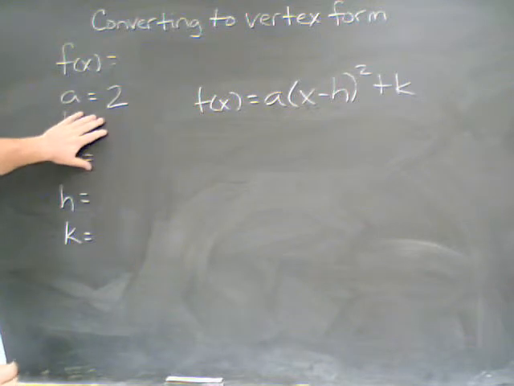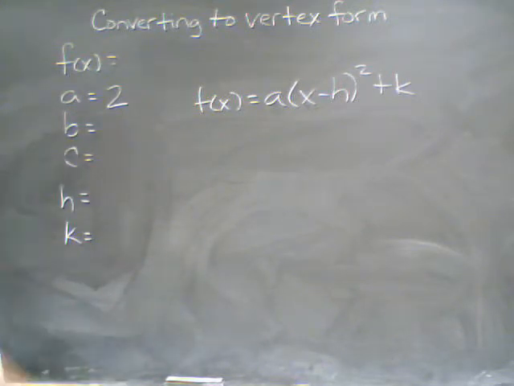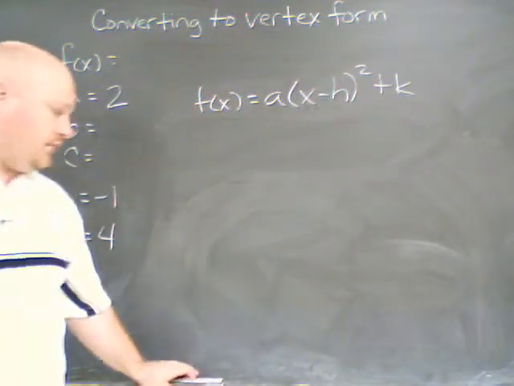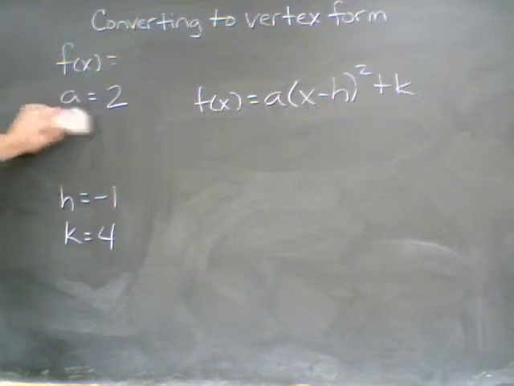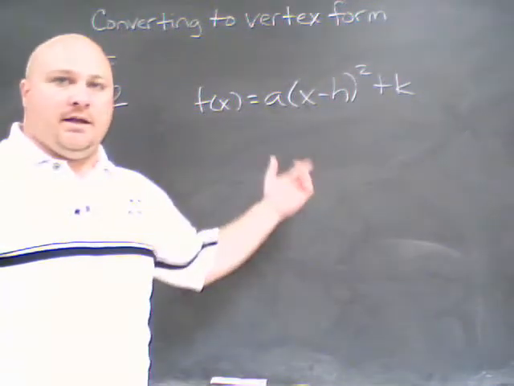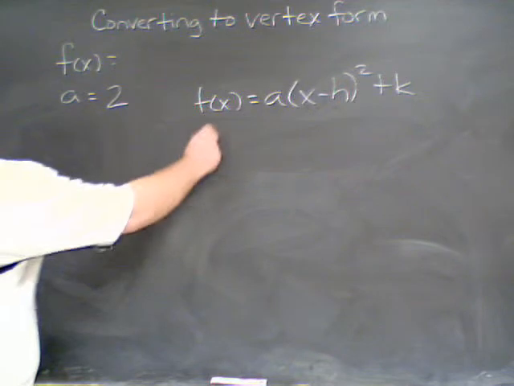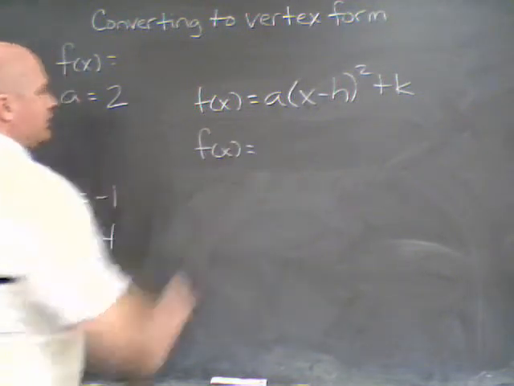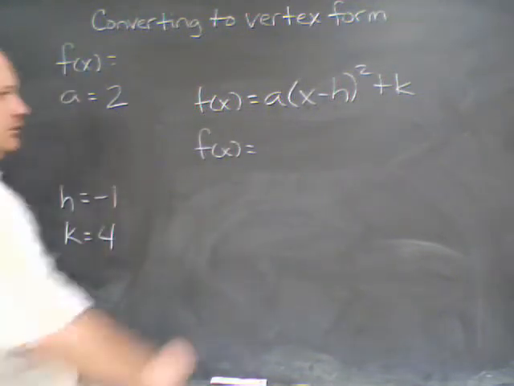I'm going to skip B and C because theoretically I've already got it. Let's say H is going to be negative 1 and K is positive 4. If I have these values, at the end when I'm plugging in, I'm just going to have f of x equals A again.